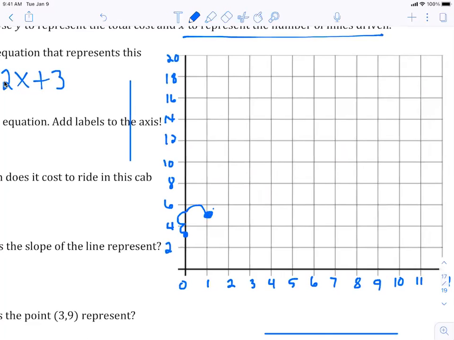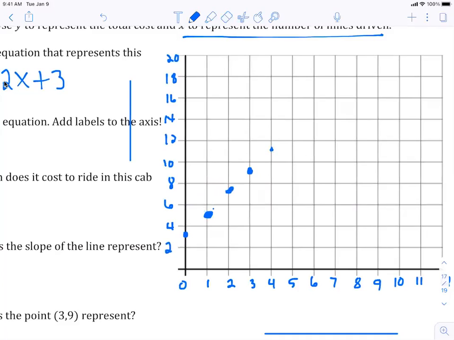And you can probably notice a trend. I'm going to rise 2, run 1, there's my next point. You can probably start to notice your trend. If I start filling in all my other points, rise 2, run 1, is going to be here.